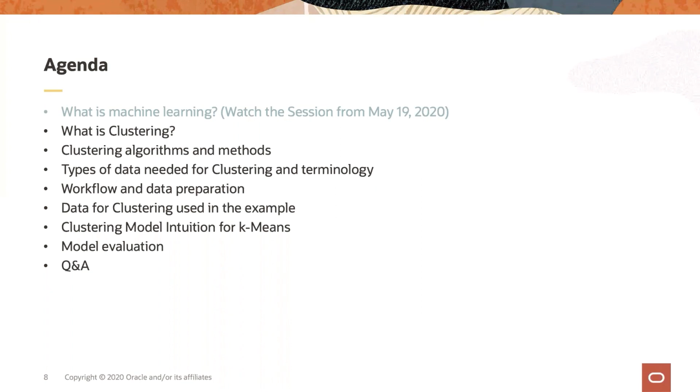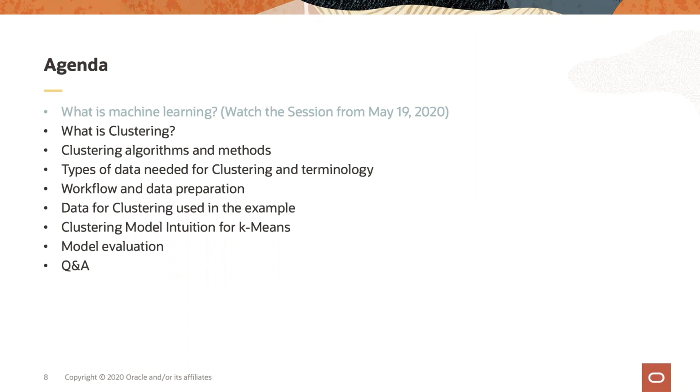As Mark mentioned, we're going to talk about clustering, right? If you missed the machine learning session that we did originally, you can go back to the session from May 19, and we have the basics of machine learning there.